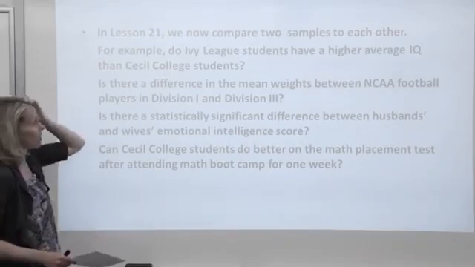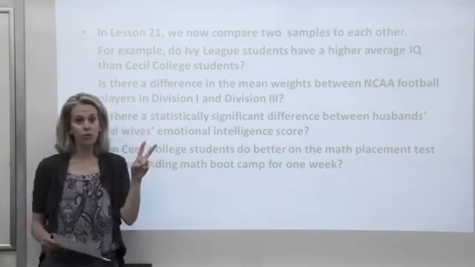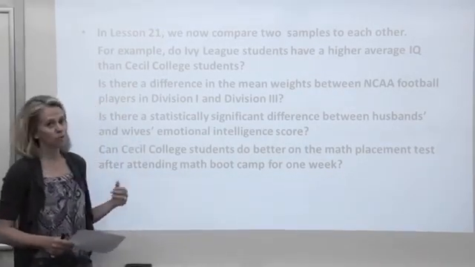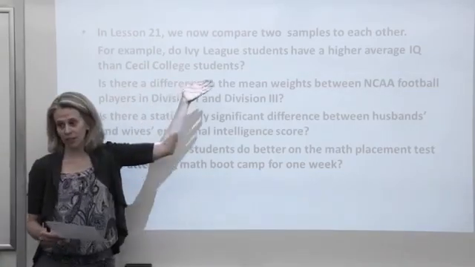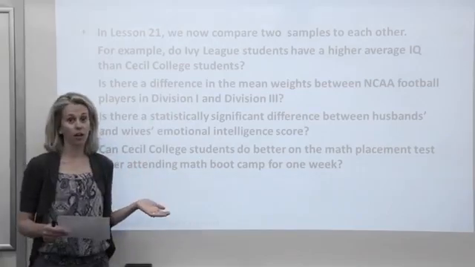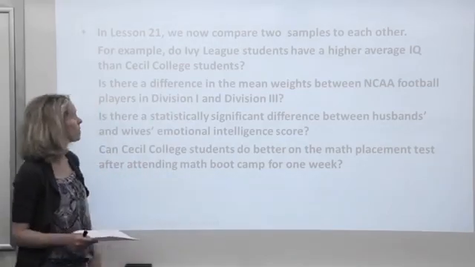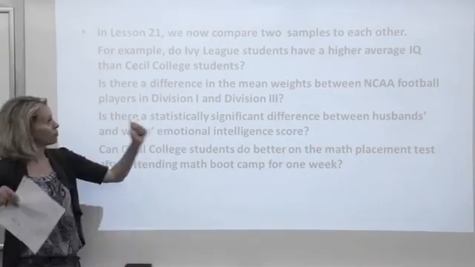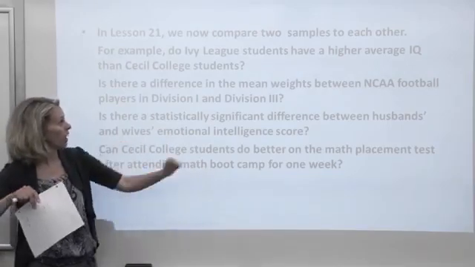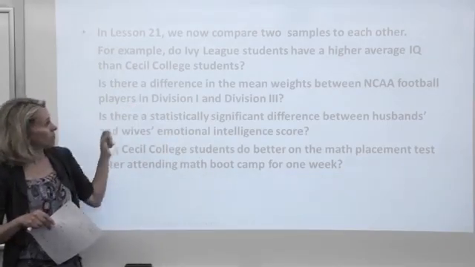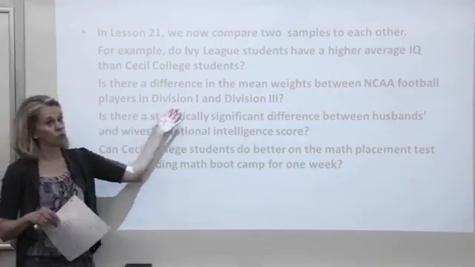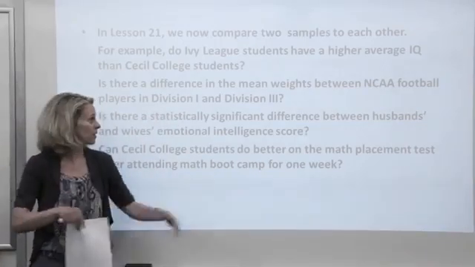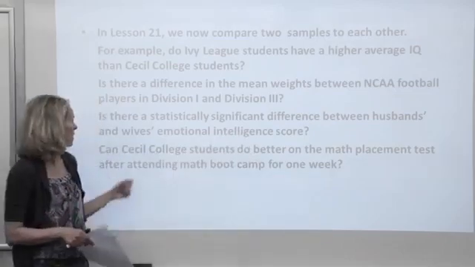In lesson 21, we are now going to compare two samples to each other. So some examples of this. Do Ivy League students have a higher average IQ than, say, Cecil students? We'd be comparing two groups, Ivy League students and Cecil College students. Is there a difference in the mean weights between NCAA football players in Division I, one group, and Division III?